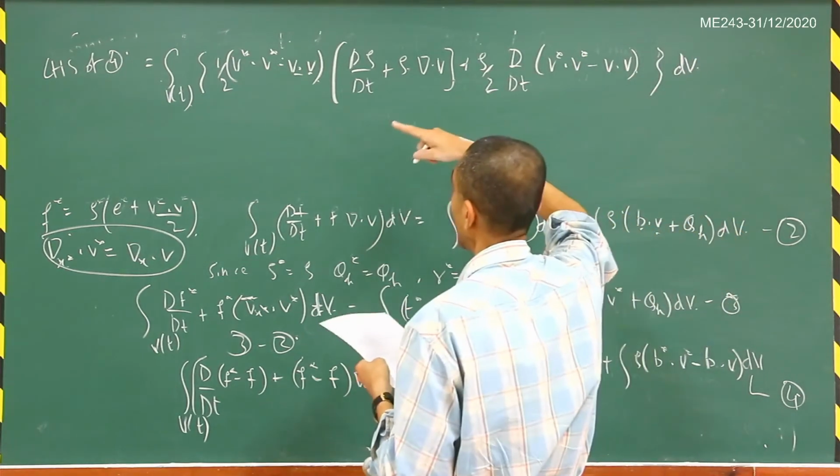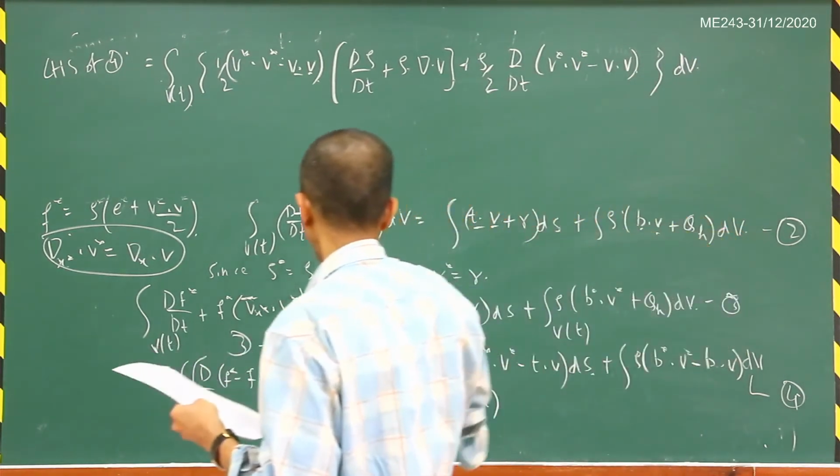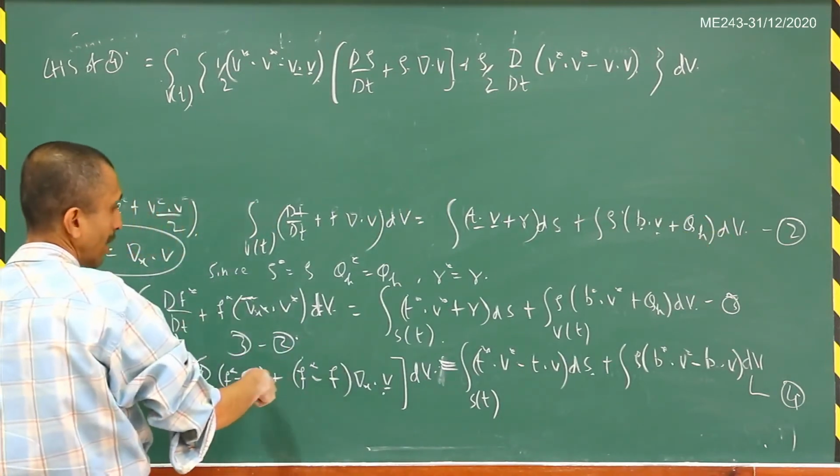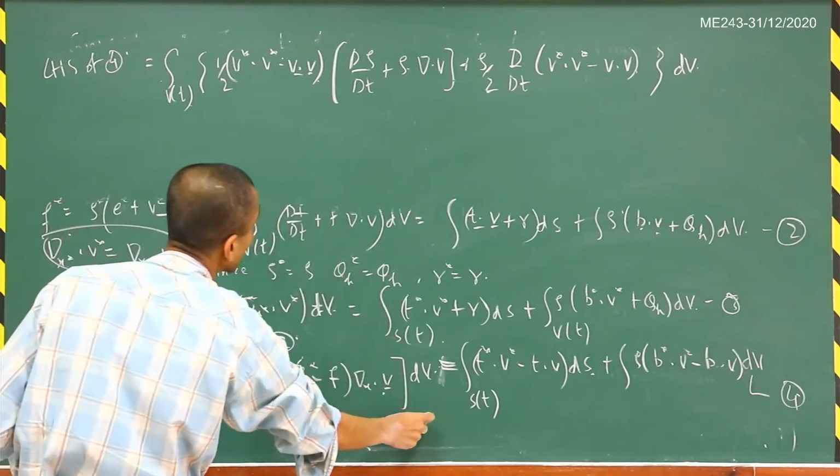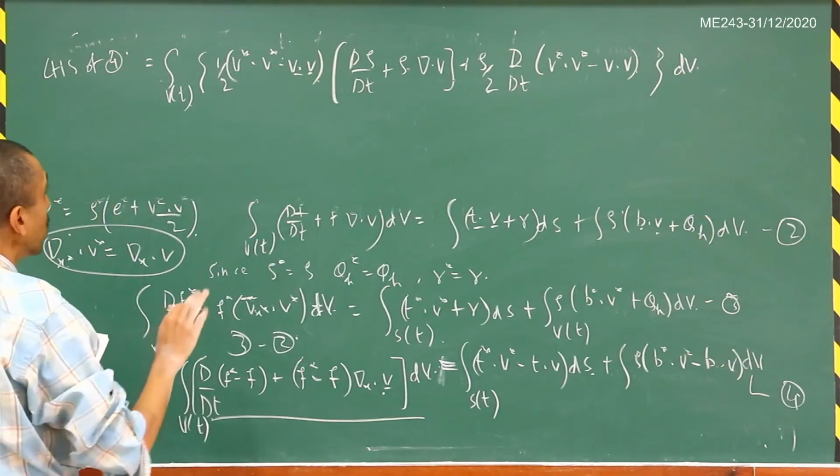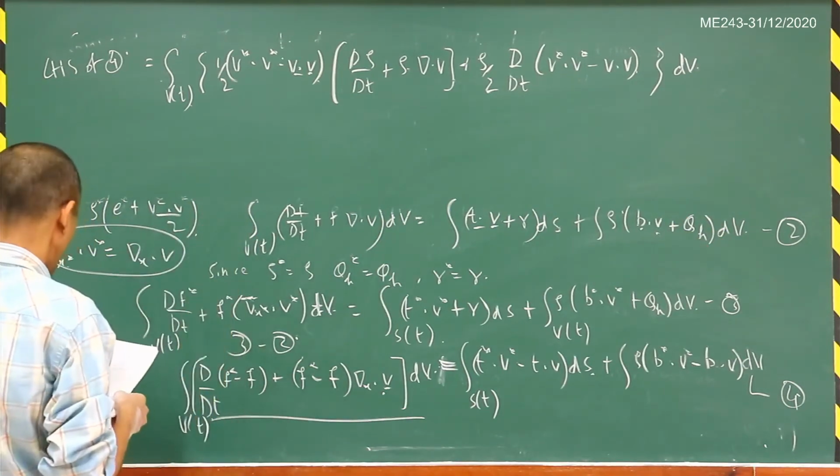So this is the LHS of 4. After substituting for f star and f, I get this particular result for this particular term alone.